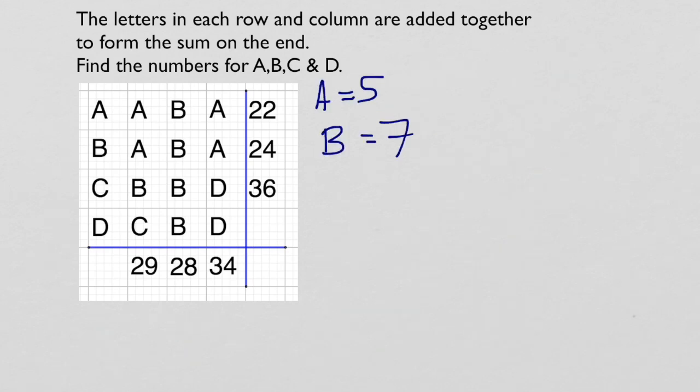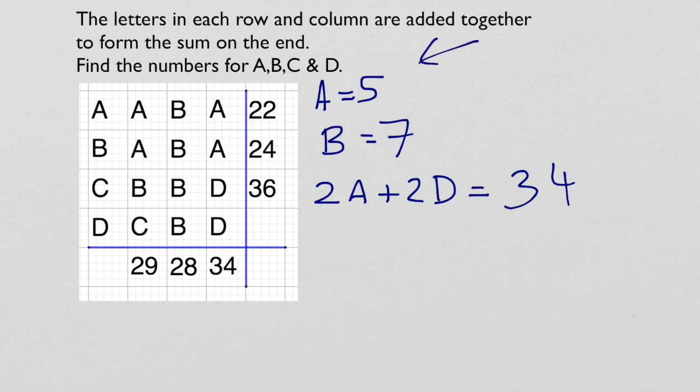So now we have to find C and D, and we can look at all the columns and rows and find a suitable one to help us out. We know A, and there is a column with 2 A's and 2 D's, so I think that's the best one to use. So I'm just going to make an equation out of it. 2A plus 2D equals 34.